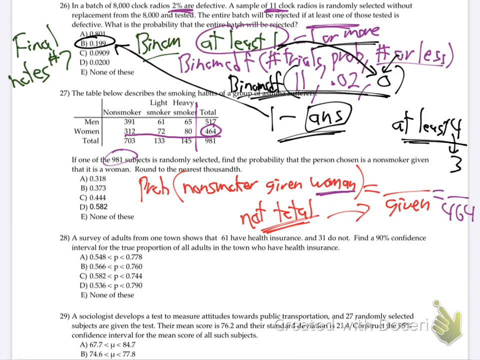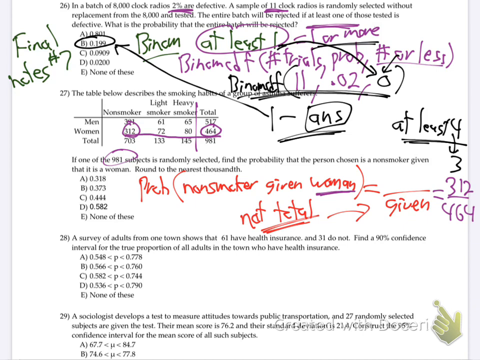We're given that it was a woman, so it had to be one of those 464 women. What's the chance it was a non-smoker? 312 of those women are non-smokers. So divide that on your calculator. And what's the answer there?